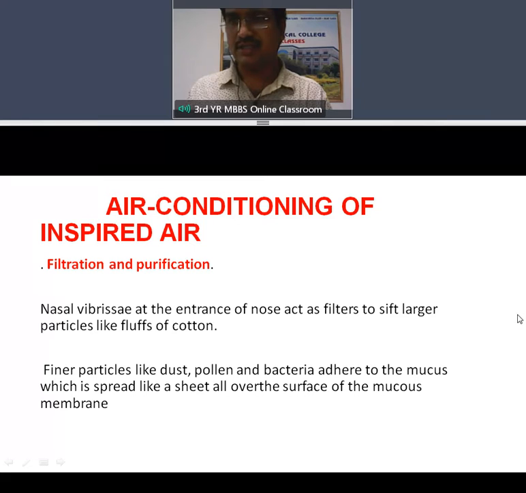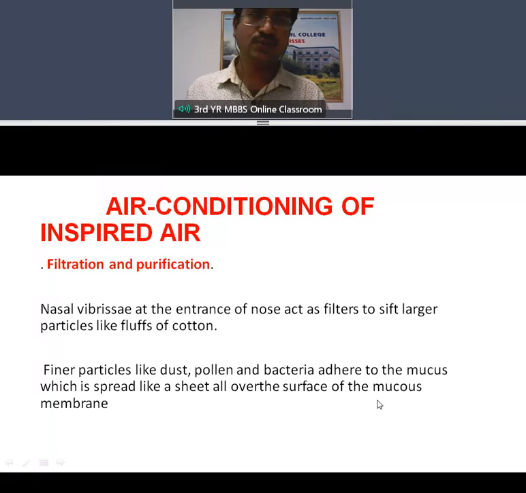So the entire nasal cavity is covered by the mucous membrane and mucus layer. The larger particles are filtered in the outer part of the nasal cavity, that is the vestibule. Finer particles will be entrapped in the mucus layer of the nasal mucosa, then carried into the nasopharynx and swallowed.